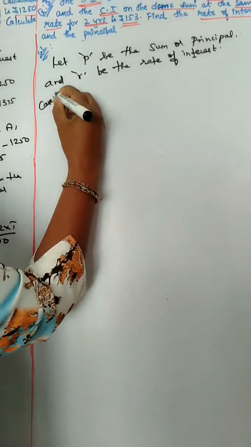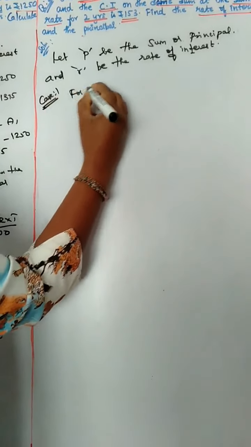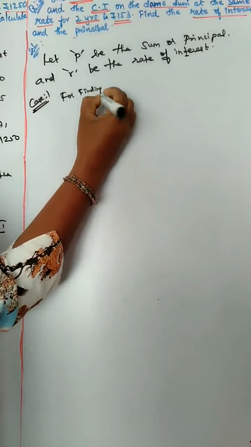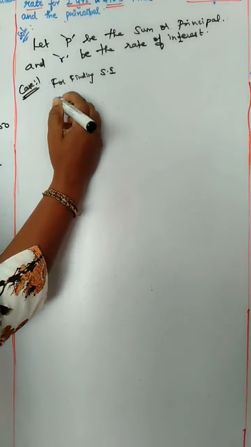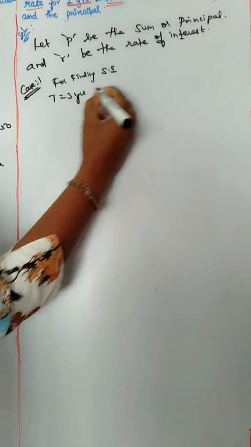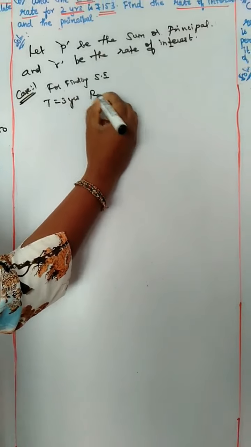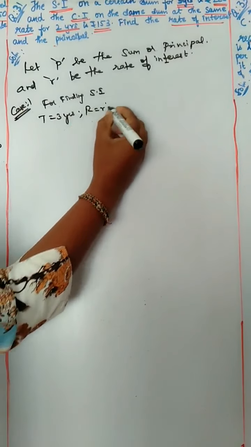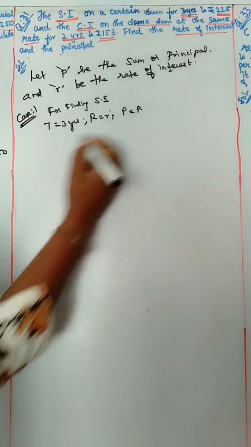Case 1, for finding SI, what is given? T is equal to 3 years. R we are assuming as R, and P we are assuming as P.